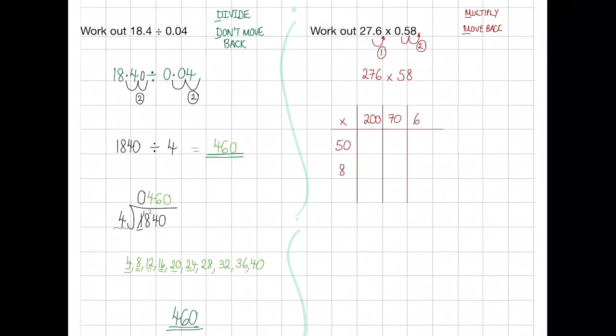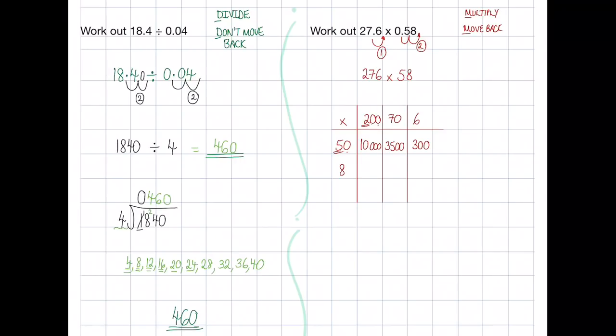So we have 200 multiplied by 50, or I tend to do 2 multiplied by 5, which is 10. And then there's 1, 2, 3 zeros, so I'll add in 3 zeros to give me 10,000. 5 multiplied by 7 is 35, and then there's 2 zeros, so 3,500. 50 multiplied by 6, or 5 multiplied by 6 is 30, and then there's a 0.